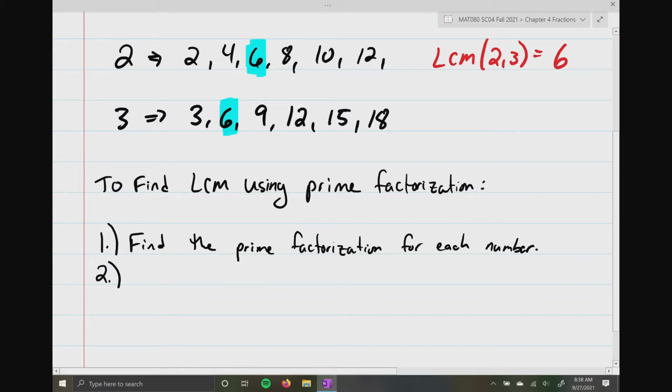All right, step 2. You're going to label the LCM as follows.